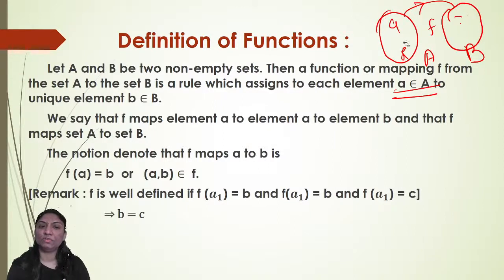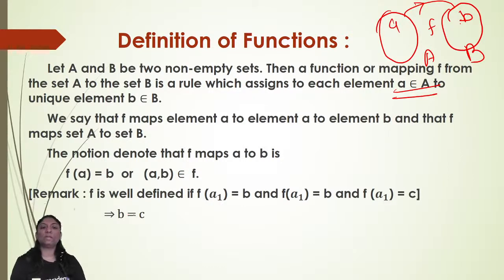It means f operates on elements of A, and that image goes to the elements of B. Then we define f of a is equal to b, or (a, b) belongs to f.